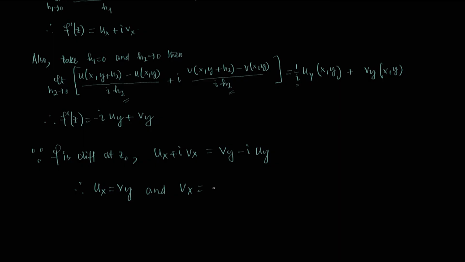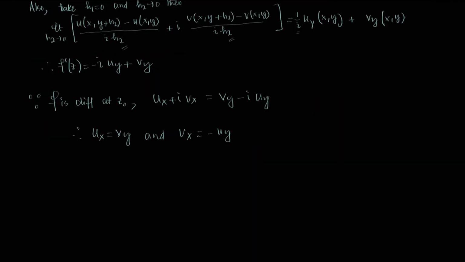So vx is nothing but minus uy. Clear? And this is nothing but your CR equation. This is a test for a function to be differentiable. If the function is differentiable, ux has to equal vy and vx has to equal minus uy.